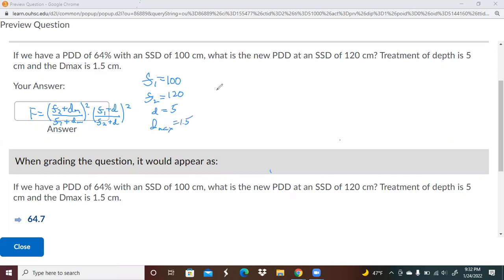So we're going to go through and find the Mayneord F factor, or I'm going to write it all out. Well, I guess we'll need to find it too. So F sub 2, this is going to be 120 plus Dmax, which is 1.5, divided by 100 plus 1.5, and that's squared, times, and let's see, it's SSD, so it's 100 plus 5, and then 120 plus 5, and all of that is going to be squared.